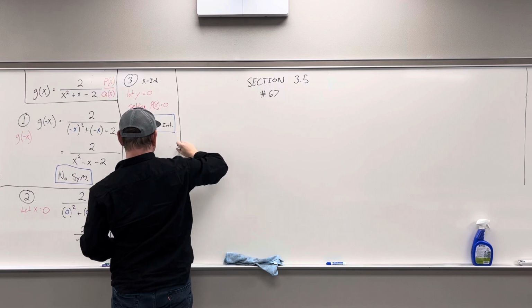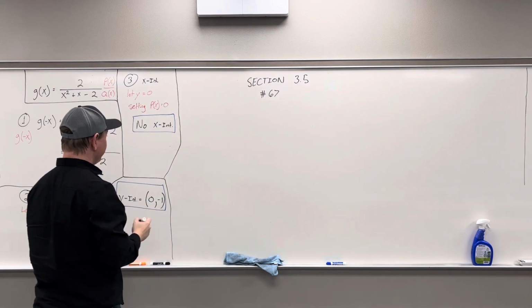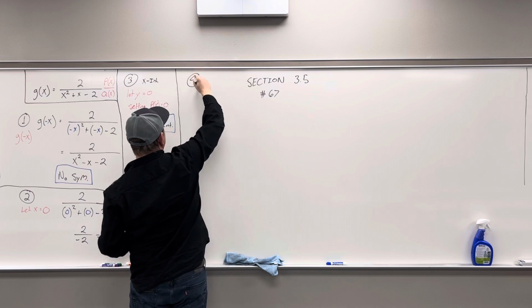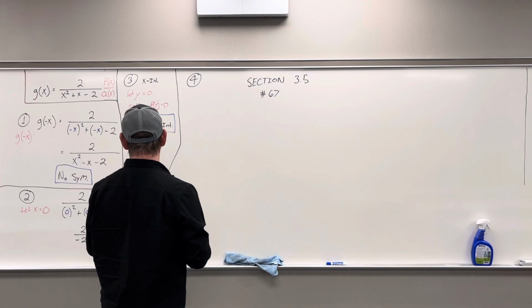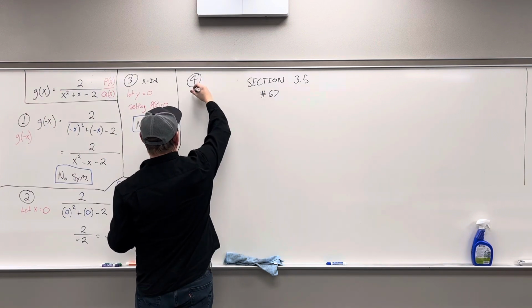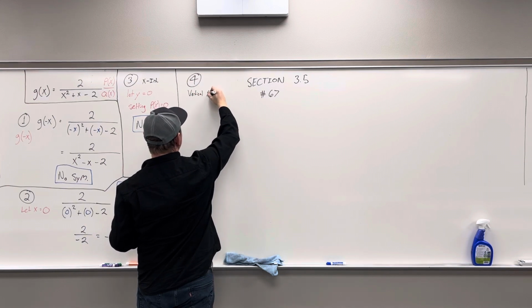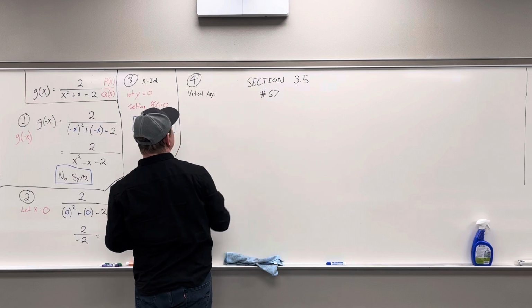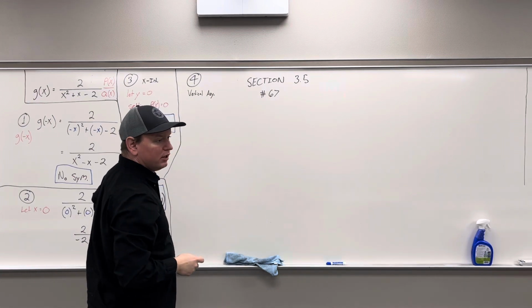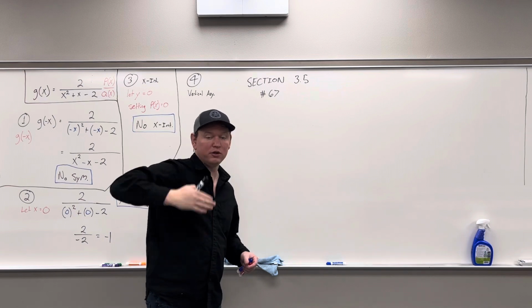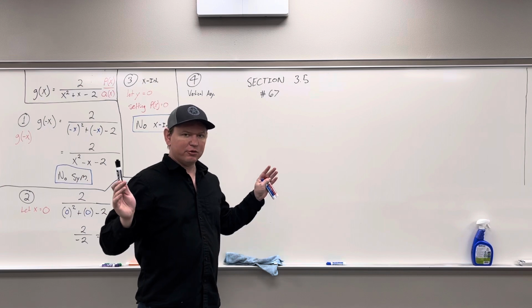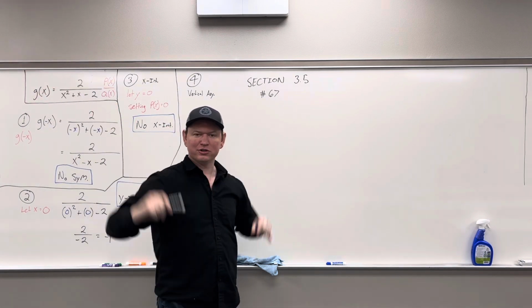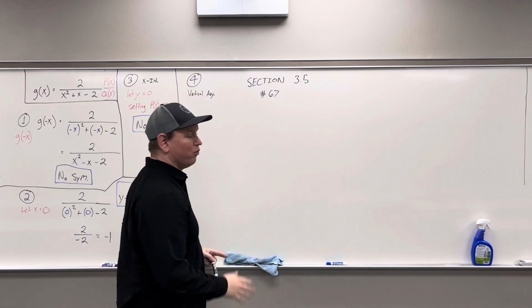So now our fourth thing that we're going for is we're looking for vertical asymptotes. Now, vertical asymptotes are vertical. They stand up. Professor Lopez has a saying where she says, X's stand up, her story from childhood, and Y's lie down.